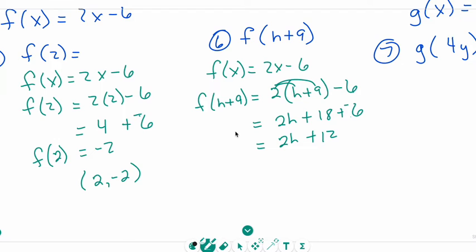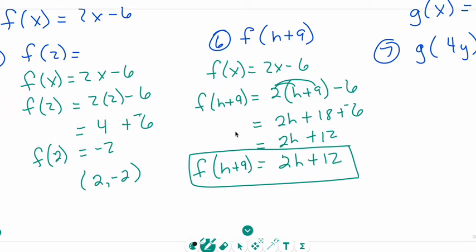So now I have the value of the function when x is h plus 9 is going to be 2h plus 12. So that would be my value. Let me box this over here. I don't have an ordered pair to write because I wasn't given a number value for x.